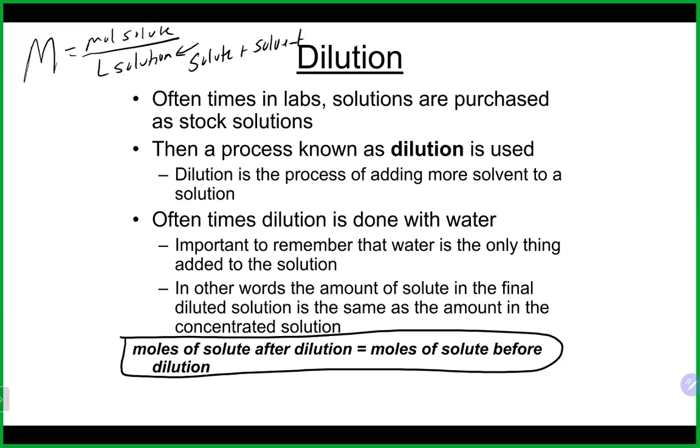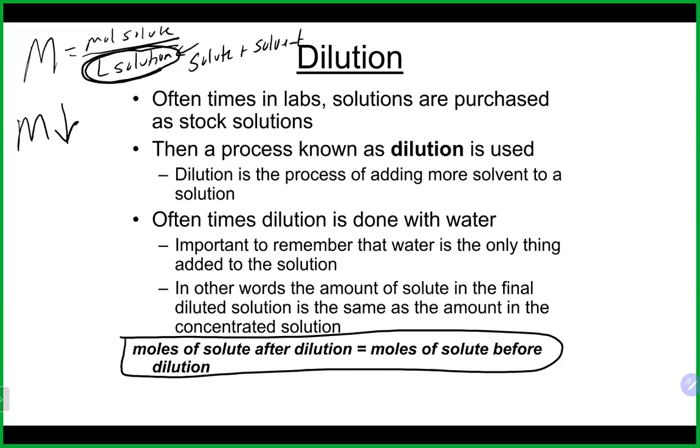So when we do a dilution, we're adding more solvent with mass, which mathematically means we are making this bottom number bigger. And if we make the bottom number bigger, the molarity goes down. You take a small number divided by a large number, you get a small number. So when you do a dilution, the molarity comes down because the total volume of solution is getting larger, and that will lower the molarity.